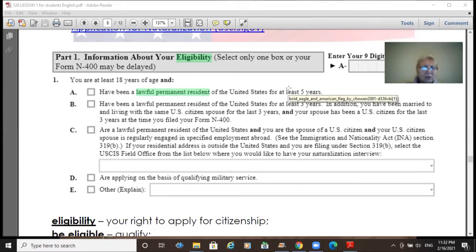To find out if you are eligible or not, you need to look at the front of your green card, and on the bottom of the front, you are going to see a line that says resident since. So that's the date when you actually need to count if you are eligible for citizenship or not.